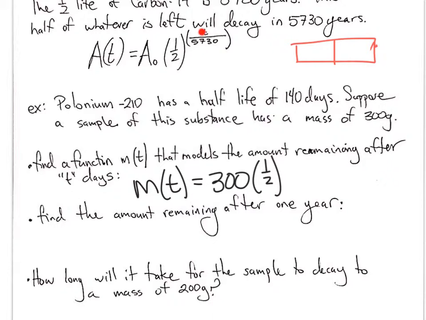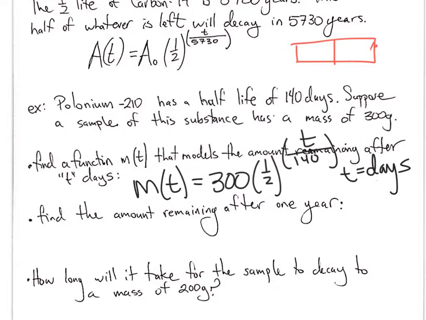And notice up here we had years, and this is basically the half-life. So time here was in years. If we know that our half-life is 140 days, we could have our exponent be t over 140, where t equals days.